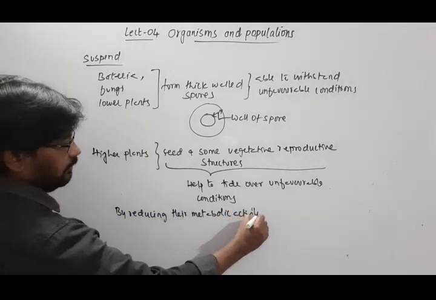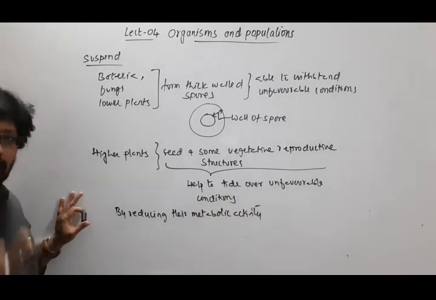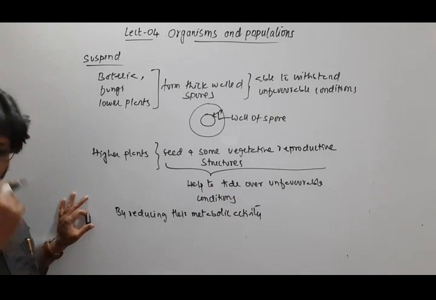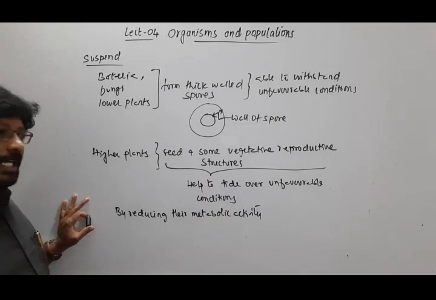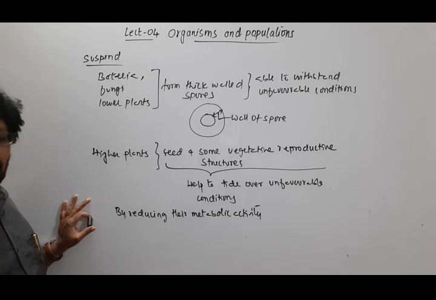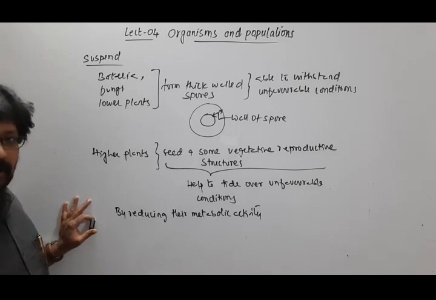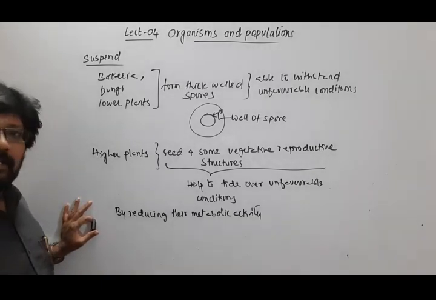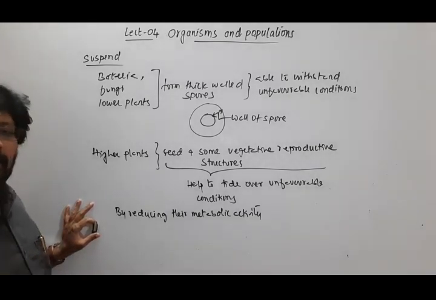When you see a seed, it looks like it is completely dead, but in fact no. You may think that no metabolic activity is taking place inside the seed, but it is not like that. There is metabolic activity going on inside the seed, but it is very much reduced.